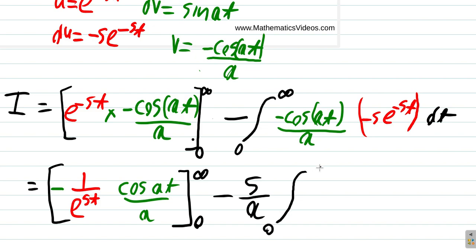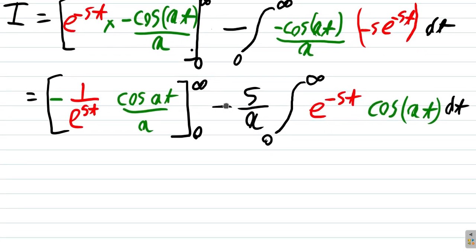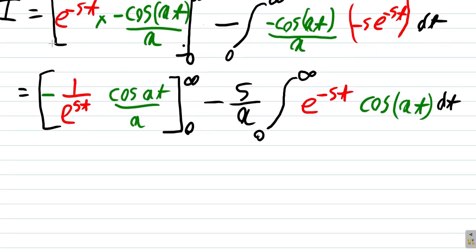The integral from 0 to infinity of, okay, so now we have e to the negative st cos at dt. Good, so there we have that. Now, this part goes from 0 to infinity, so let's take care of it.